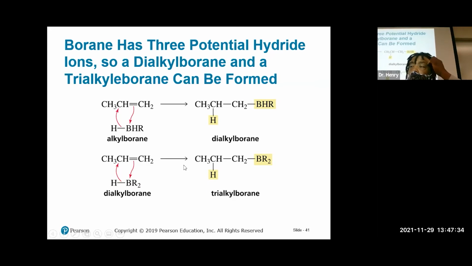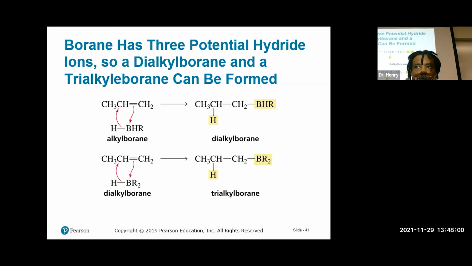Okay, so now this is also going to be the effect when we have hydrocarbons attached to the borane. R represents that hydrocarbon. So that's exactly the same thing that's going to be happening in that case. Again, we want to try to minimize steric hindrance, so you're going to go to the point where you're not going to get as much steric hindrance.